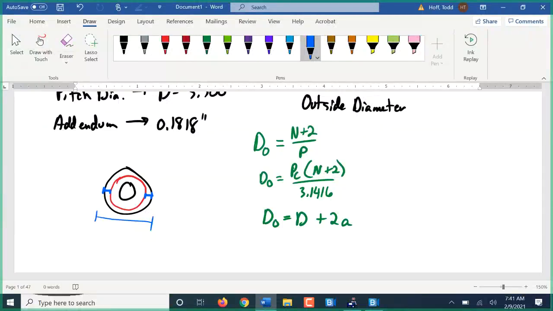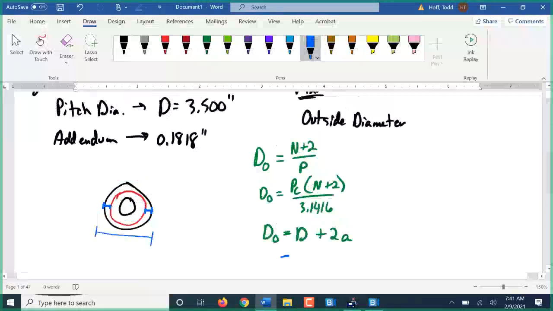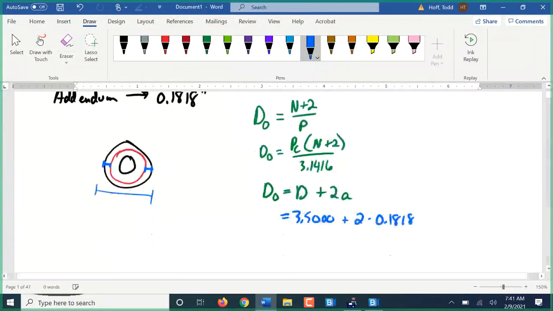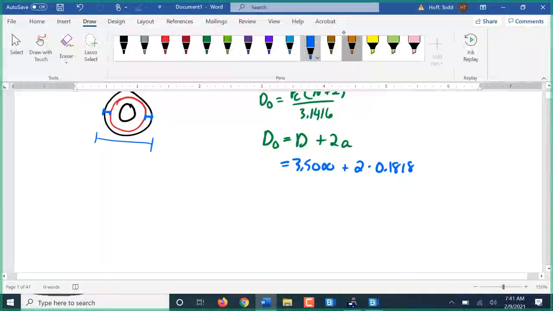So to find our outside diameter here, we're just going to plug that information in. Pitch diameter 3.5000 plus 2 times the addendum, 2 times 0.1818. And we'll just calculate that out.